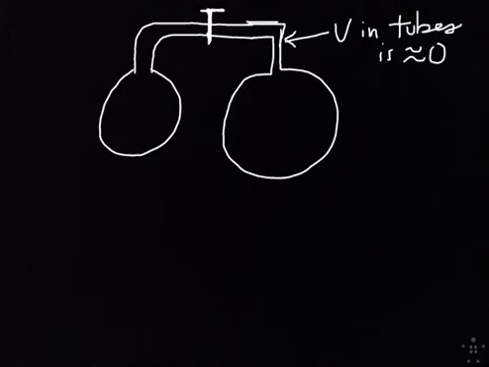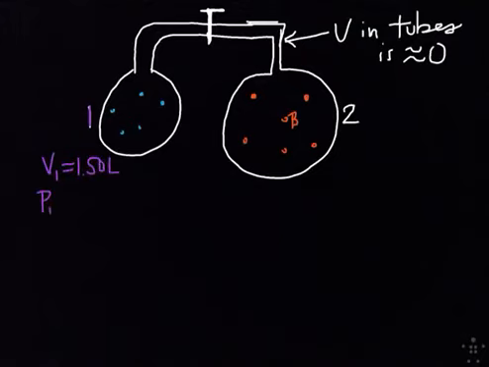And we're going to put molecules of B in this flask 2. And in flask 1, we're going to put molecules of A. So we know that the volume of flask 1 is 1.50 liters, and we know the pressure initially in flask 1 is 0.38 atmospheres.